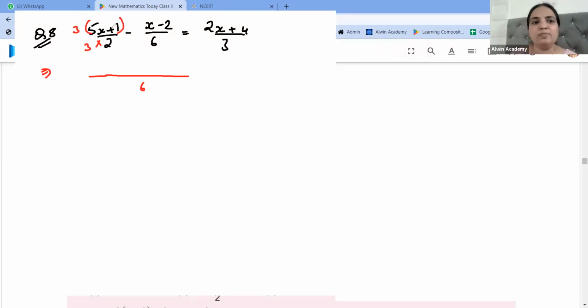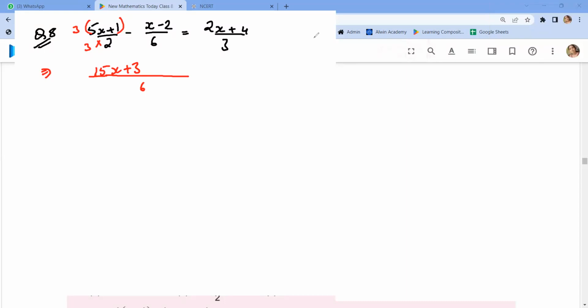Not only 5x, but plus 1 also would be multiplied by 3. Complete numerator will be multiplied by 3. And now when I solve it, it will become 15x, because 3 times 5x is 15x. And now 3 times 1 is 3. Right? Yes, ma'am.